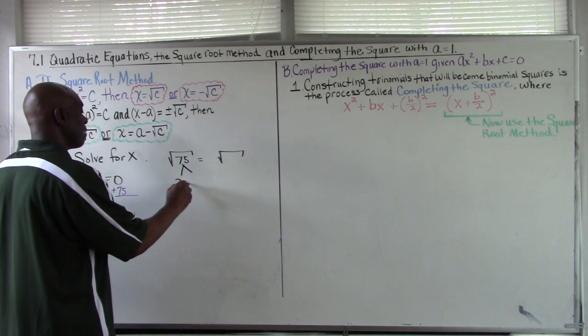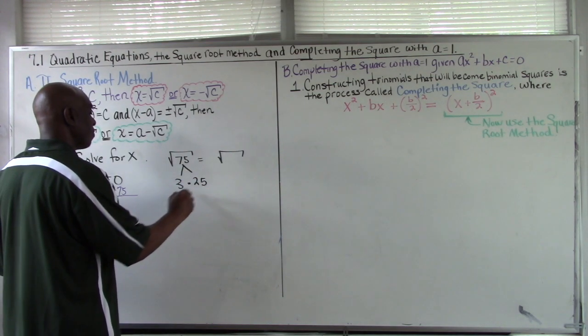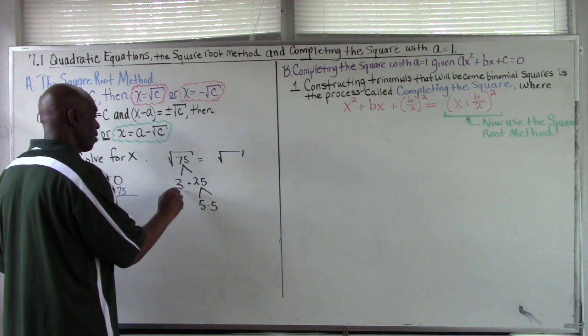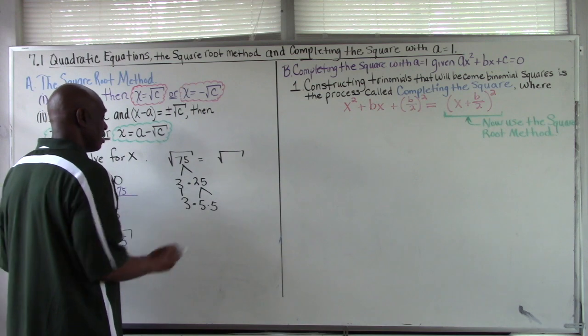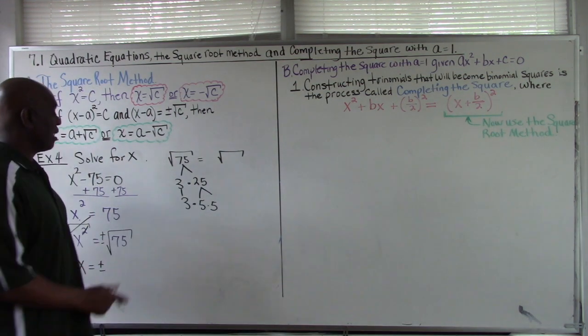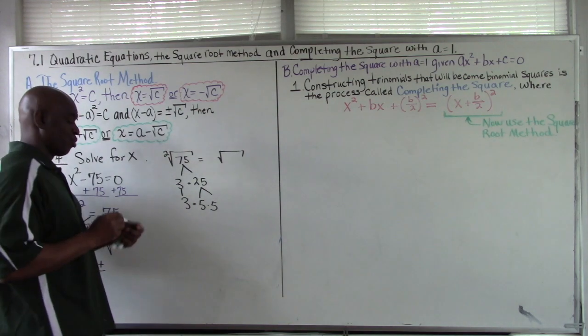75 is 3 times 25, and 25 is 5 times 5. I bring this 3 straight down. That's good because I have all prime numbers, and my index is 2, so group by 2's.